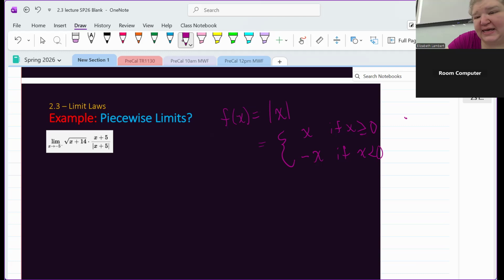When the input is less than 0, we do the opposite of that. So in our head, we know this is what absolute value means. It means strip away the negative. But if we're going to write it more formally as a function, this is the other way that formula comes up, the piecewise definition of it. And that's what we're going to have to utilize in this stupid example here that happens to have an absolute value in it.